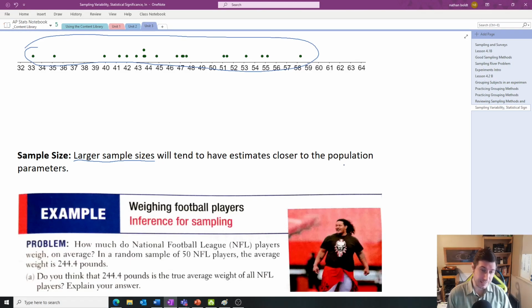But if I had 50 people or even 100 people in my sample, the chance of getting enough weirdos, in the nicest sense of the word, by the way, to influence your results is much less. Okay? So larger sample sizes will tend to have estimates closer to the population. Okay? Larger samples are good. Smaller samples, not so much. All right, that's the general idea there.